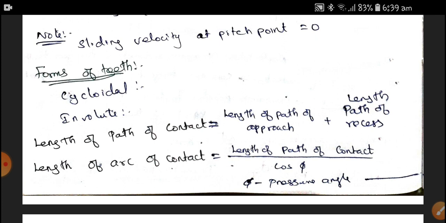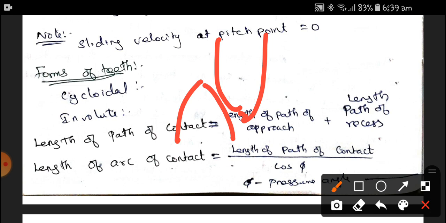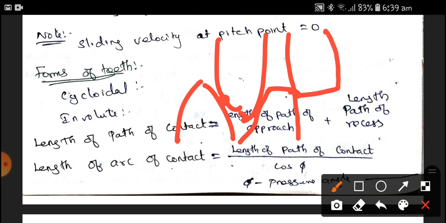What I am saying is, if the gears are in contact and this is one pair, then the contact ratio is equal to 1. When another pair is mating here, the contact ratio is always greater than 1. So this is the beginning and this is going to be the end.